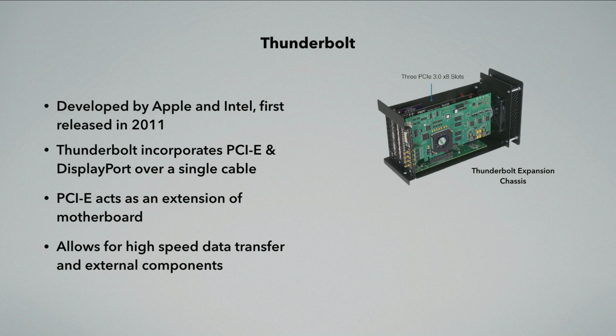For example, if you have a trash can or cylinder Mac Pro, and you want a playback device that is only sold as a PCI Express card, you could purchase an expansion chassis like this and install the card, connect this via Thunderbolt to your computer, and it'd be just as if that card were actually in the machine itself. That's because Thunderbolt carries the same PCI Express connection that you would get if you were to put it into the computer.